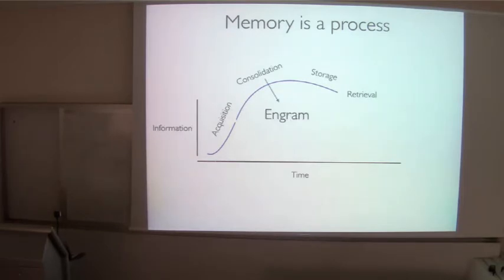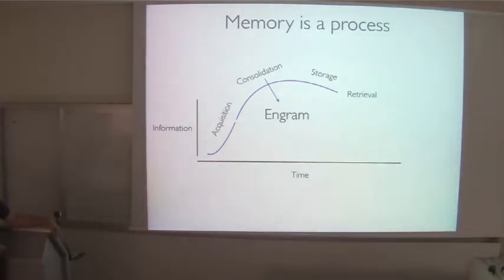One thing important to remember is there was this term which was coined, I don't remember by whom, but I will show you in a second, which is called engram, which is talking about the process during which, during consolidation, something has to change in the brain.